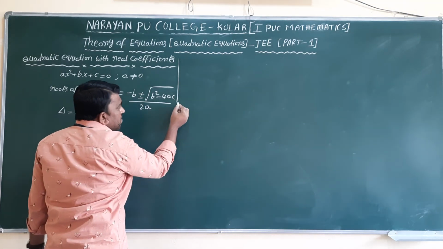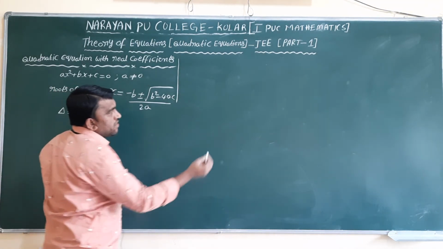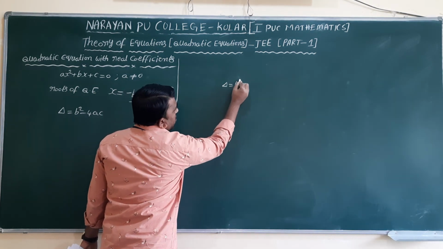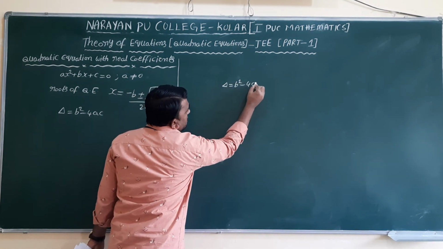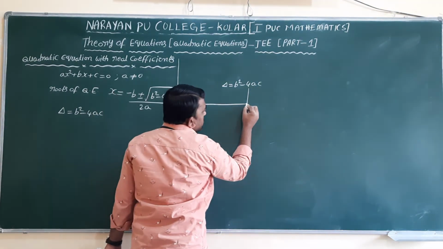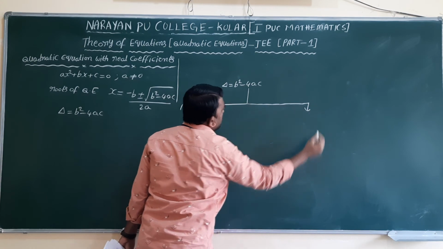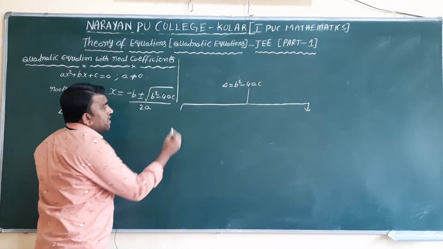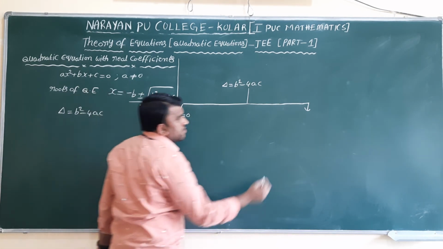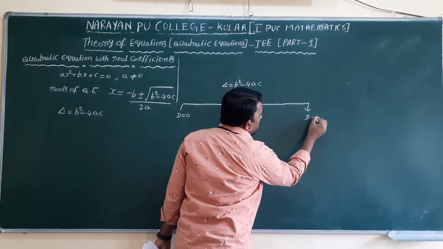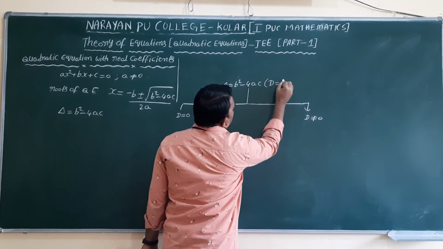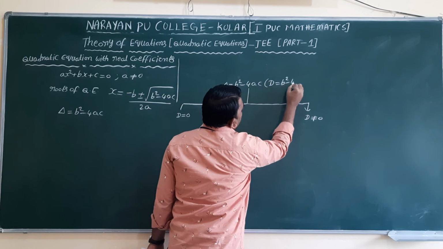So we can study some chart. Suppose D or delta equal to b square minus 4ac. Based on it, how to define the nature, we can see. D equal to 0 is one condition, D not equal to 0 is another. D value is nothing but the discriminant, b square minus 4ac.